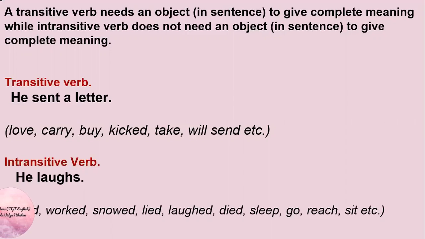On the other hand, we have as example in intransitive verb, he laughs. There is no direct object to receive the action. Thus, this cannot be converted to passive voice. Some more examples of the transitive and intransitive verbs are listed out for you here.